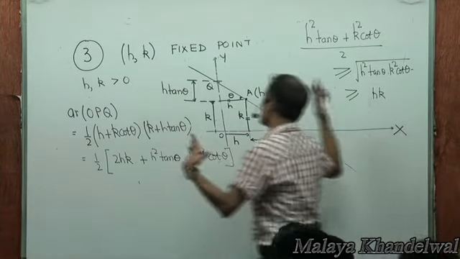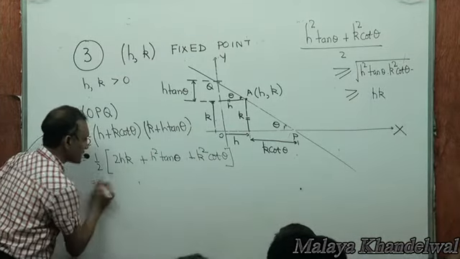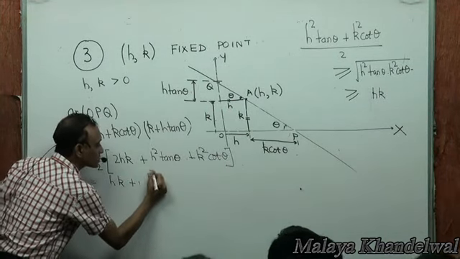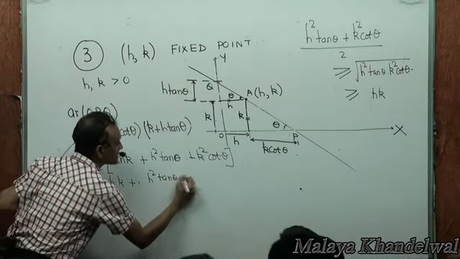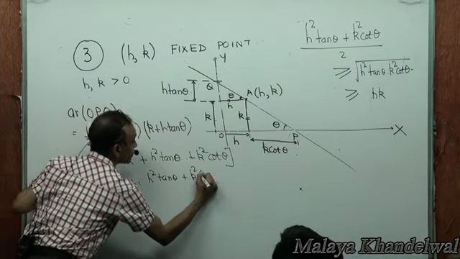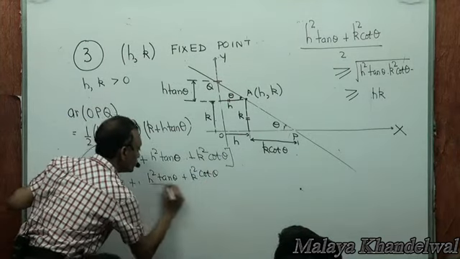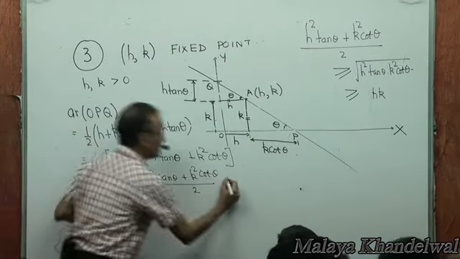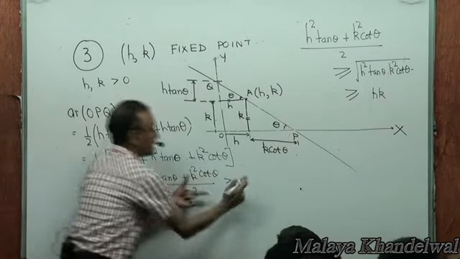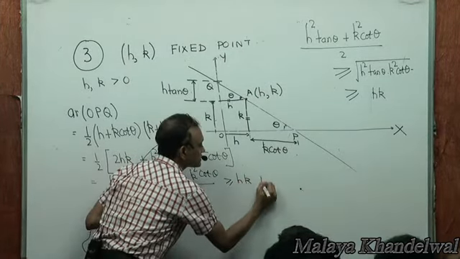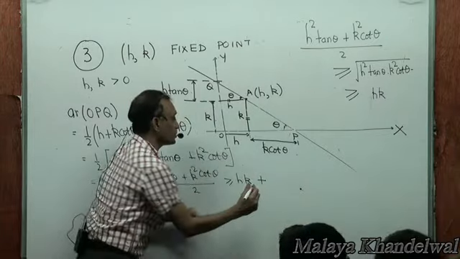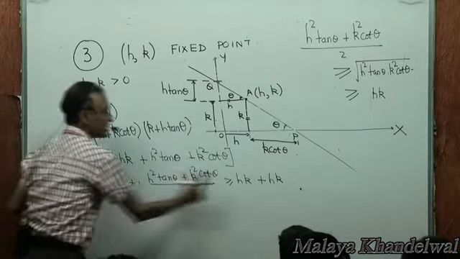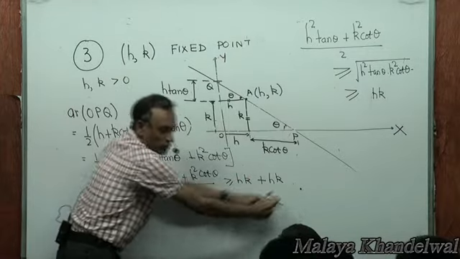Right? Which means I could have written this as HK plus H squared tan theta plus K squared cot theta by 2, which will be greater than or equal to HK plus HK, since the second part is greater than or equal to HK.